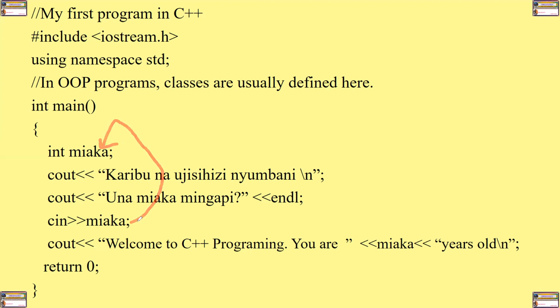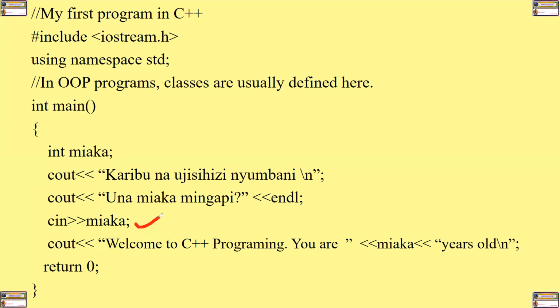So the value entered by the user, for example 10, will be picked and stored in a memory location called miaka.